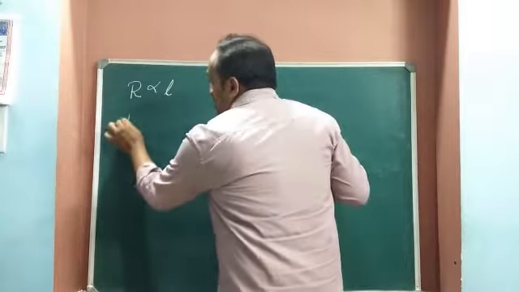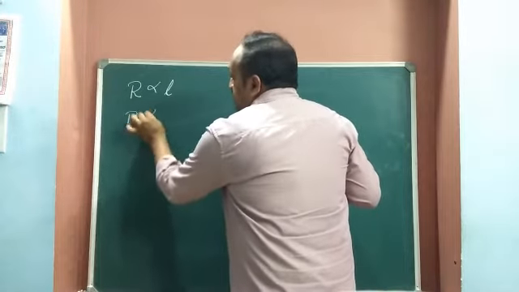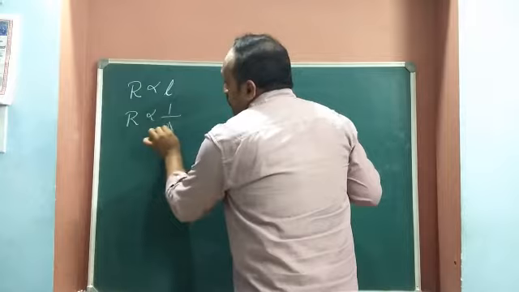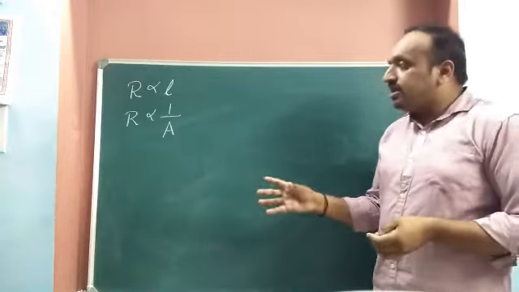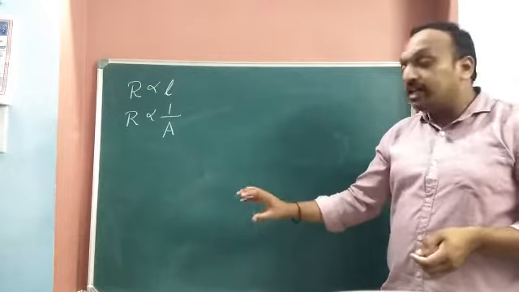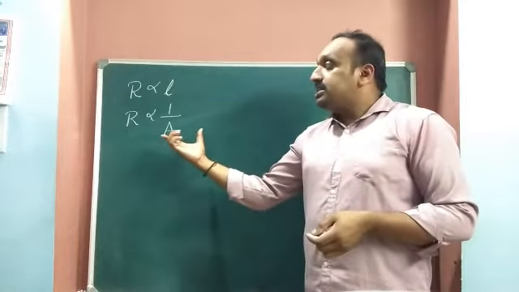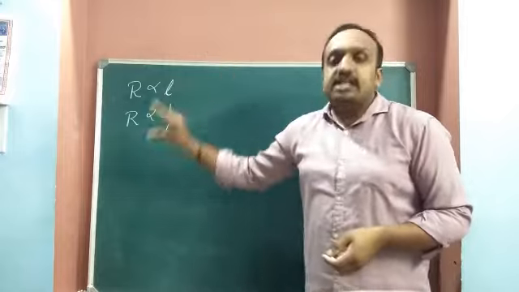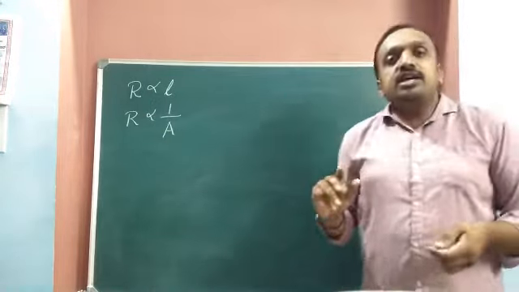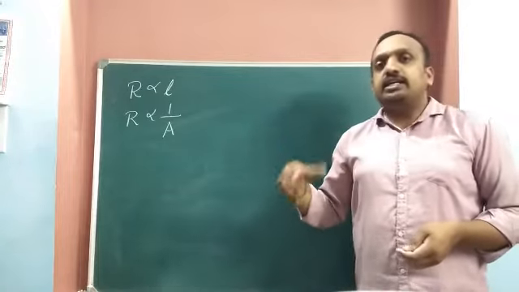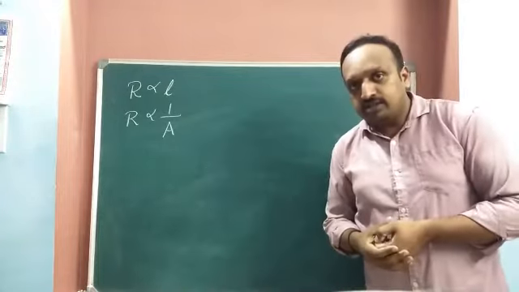Second one, this resistance is inversely proportional to the area of cross section. Means it is very clear from the equation that as the area increases, the resistance decreases. And the third one is the material in which the conductor has been manufactured.